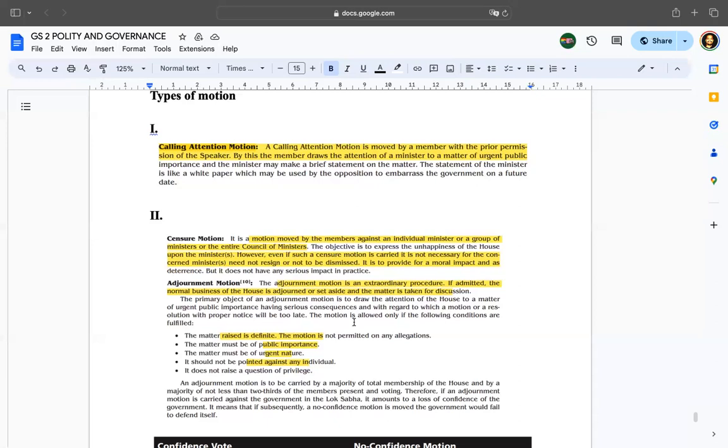Substantive motion is a motion which does not have to express the inner part of the motion, which simply means that if a motion is made by a parliamentarian that I want to discuss this matter, and that matter has this title, like the impeachment procedure, or it is written misconduct of the minister or the prime minister, or removal process of UPSC chairperson.